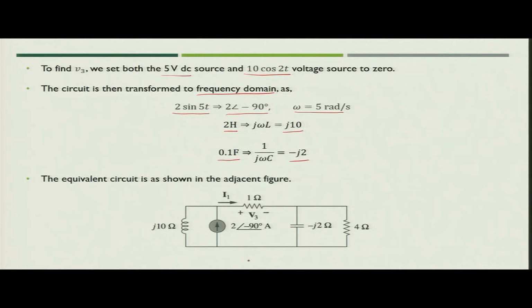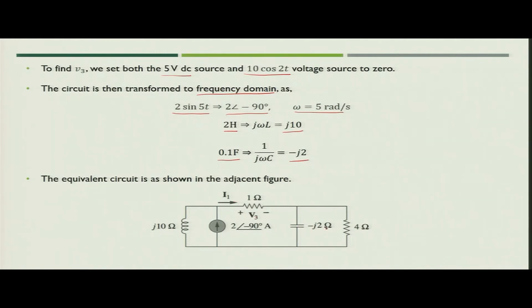So, we get now the modified circuit where you have J10 ohm as impedance offered by inductance, and minus J2 ohm as the impedance offered by capacitance. Then what we have to find is the voltage across 1 ohm resistance. So, that is V3 which we have to find.